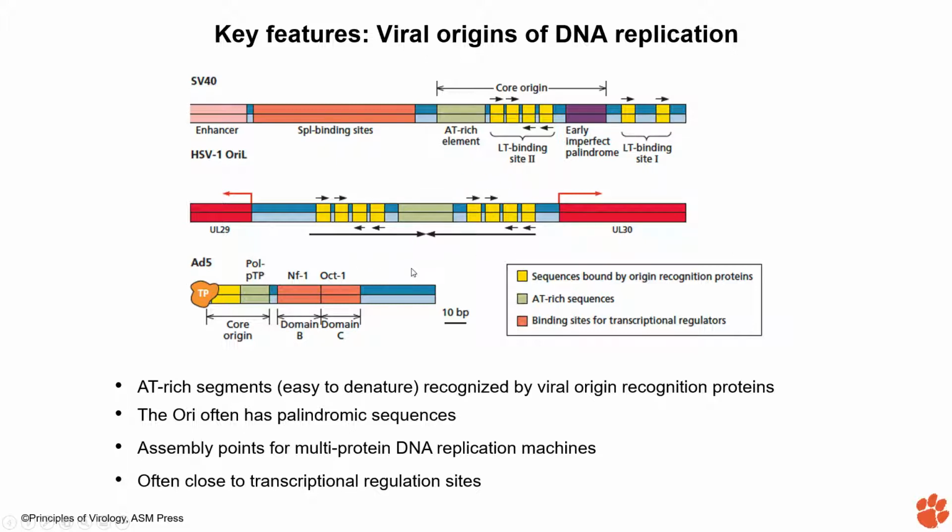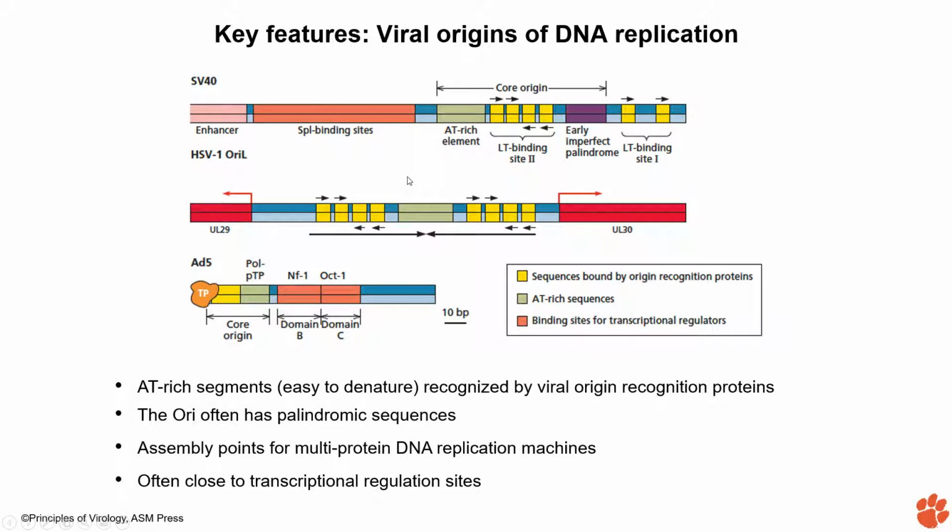Along with that, you are seeing that they are close to an AT-rich element. Here's an AT-rich element, AT-rich element, AT-rich element. And right here you can see the transcription regulator site. Just remember that this red arrow means that transcription starts from here.